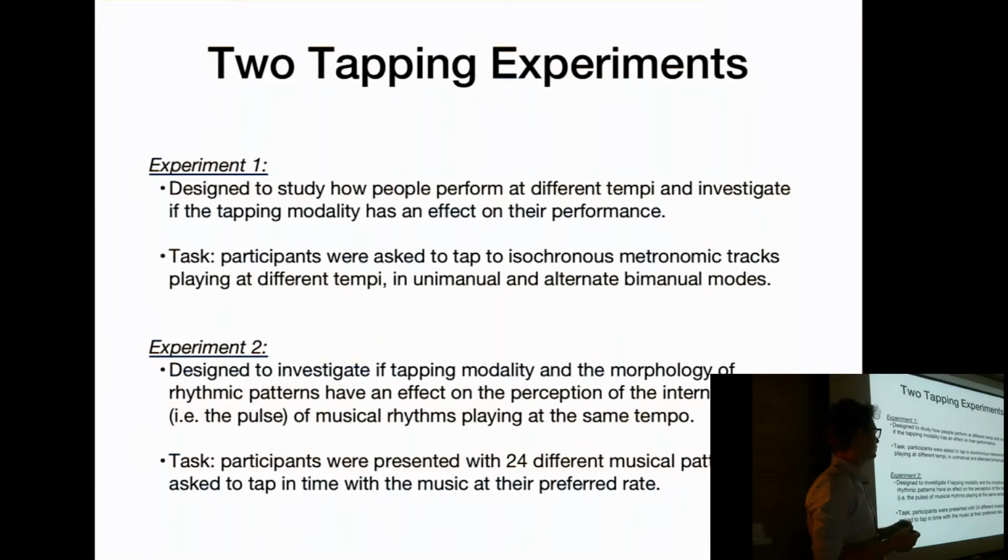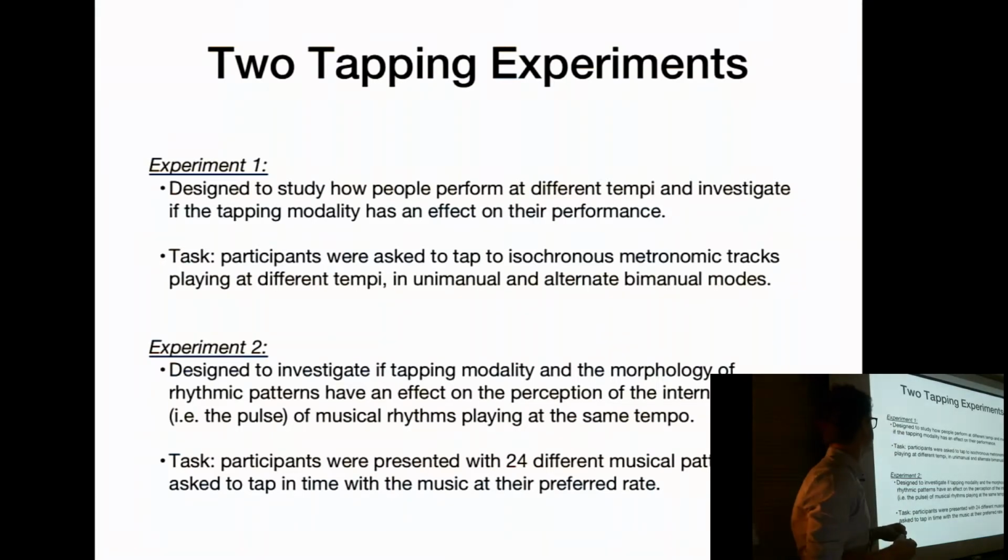The second experiment has more complex stimuli. They are simple rhythmic patterns with 4 instruments, and it's designed to investigate if the tapping modality has an effect on the perception of the internal beat, and also if the morphology of the rhythmic patterns affects how people interpret the internal beat. There the task is a bit more open.